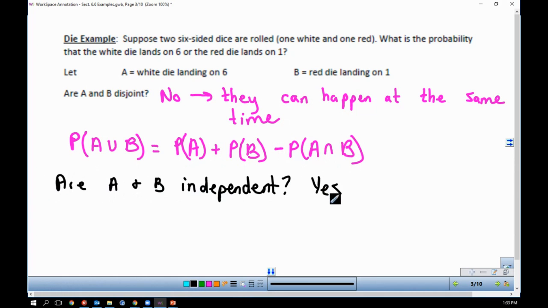Yes. So what that means is when we find this intersection here, it's just the product of their individual probabilities.